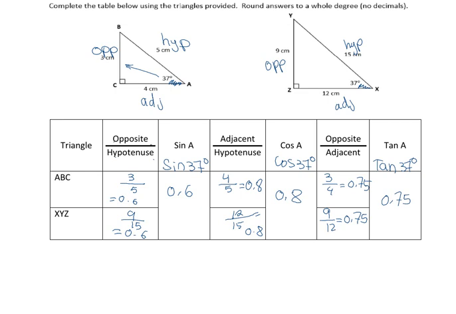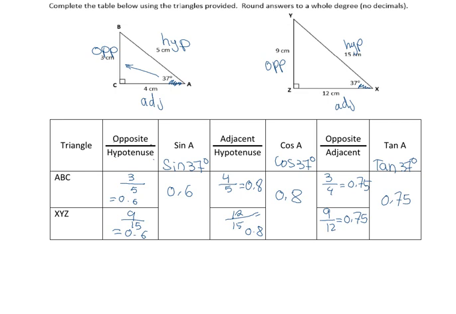If you notice anything, the angle is the same. When I do sine of the angle, it gives me the same answer as doing opposite over hypotenuse, right?